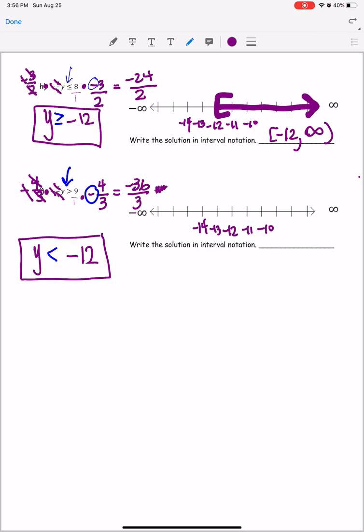So at negative 12, my graph's going to the negative infinity side, and it's got no bar under it, so it means this one gets a parentheses. So then last time, in interval notation, it's pointing to the negative infinity. So negative infinity, comma, it's going to negative 12, and negative 12 has a parentheses.